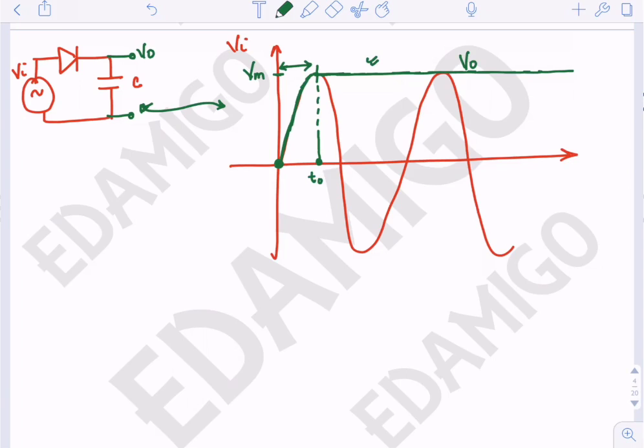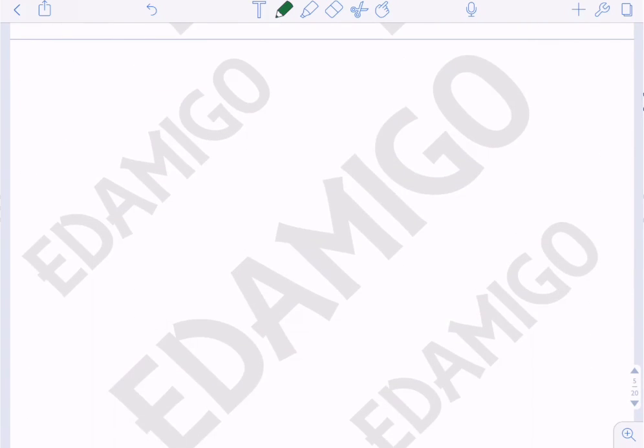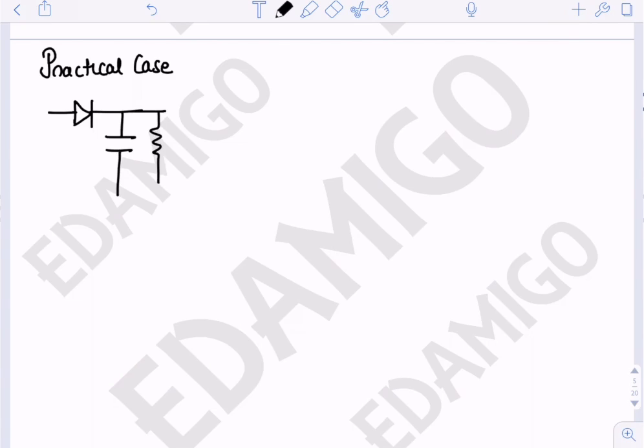But if we take the practical case, as we have seen in the question, the practical case is the capacitance connected with a resistance R, input volts Vi.